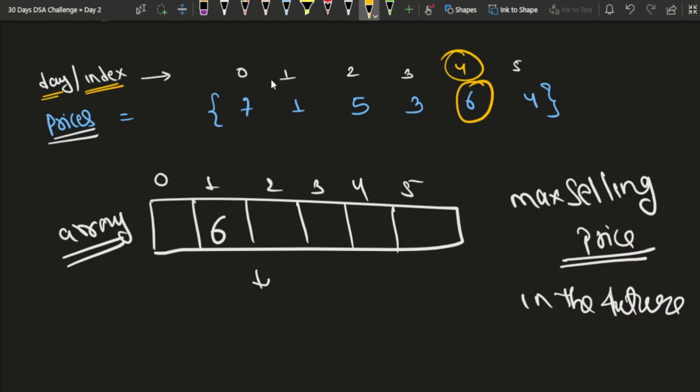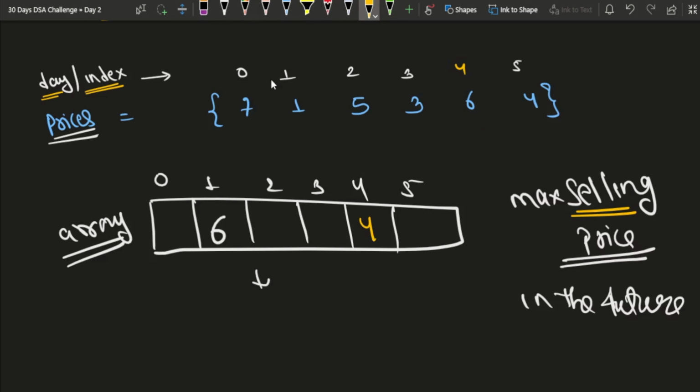So the maximum selling price will be 4. At index number 4 in this array, we will store 4. What does this 4 signify? This signifies that if I buy the stock on day number 4, then the maximum selling price I can get in my future is 4 rupees. I hope this is clear.